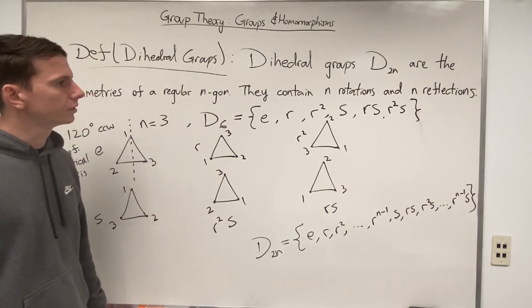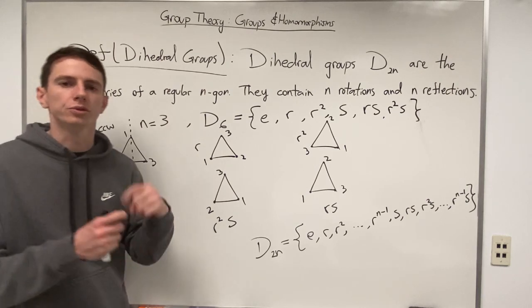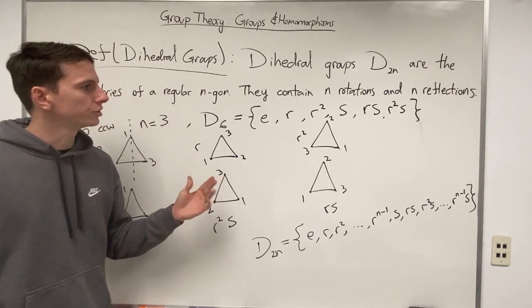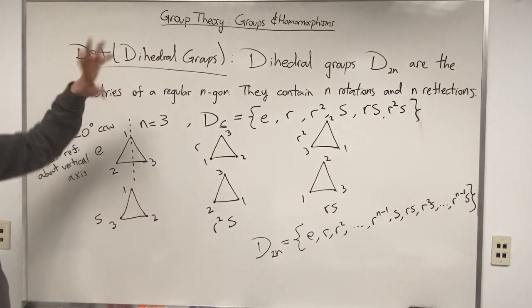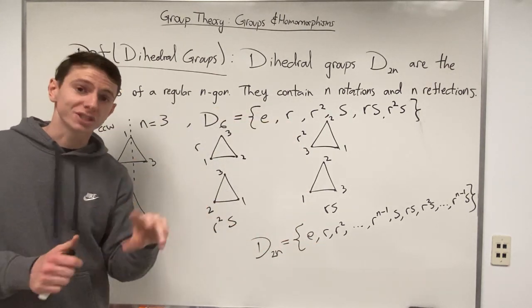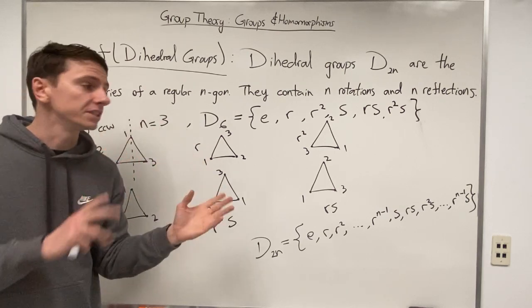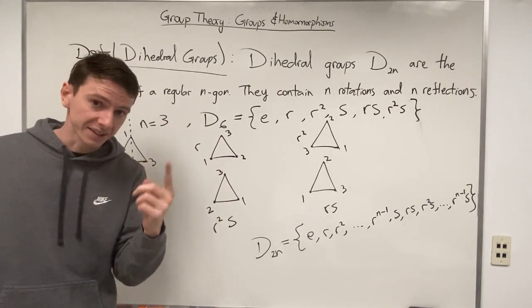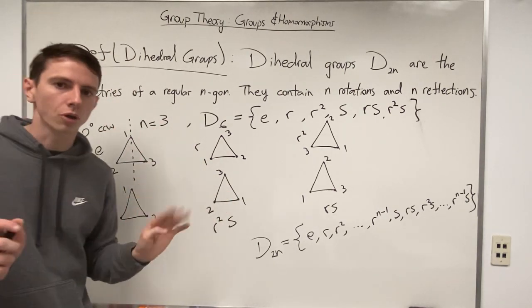What I want to do now, now that we've introduced both cyclic groups and dihedral groups, is keep the definition up here, but erase the bottom half of the board to quickly go through some notation that we're going to see to compactly describe both cyclic and dihedral groups, and then we're going to call it for this video.